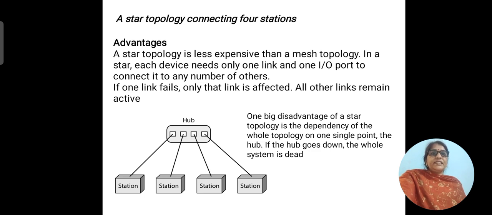If one link fails, only that link is affected. All other links remain active. And the big disadvantage of star topology is the dependency of the whole topology on one single point, that is the hub. If the hub goes down, the whole system is dead.